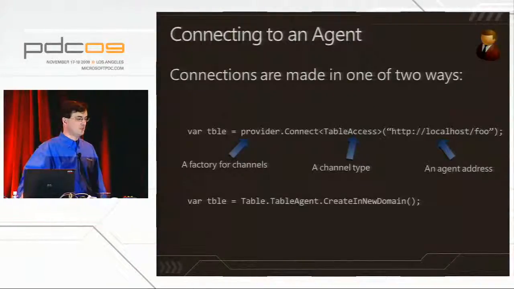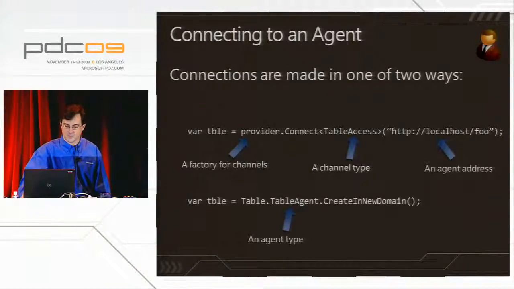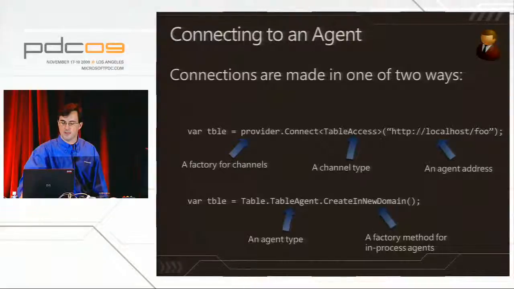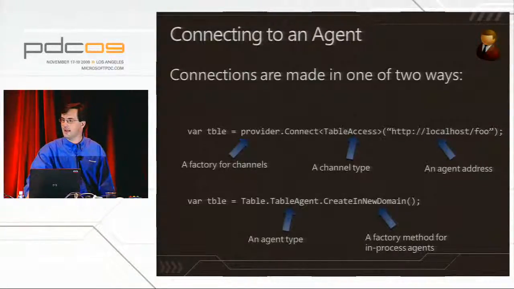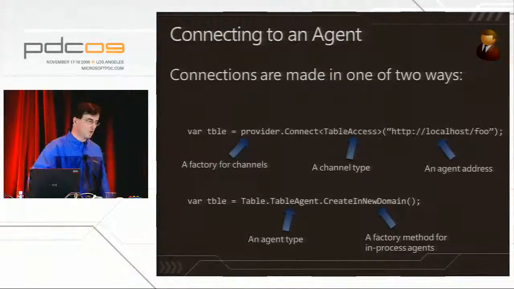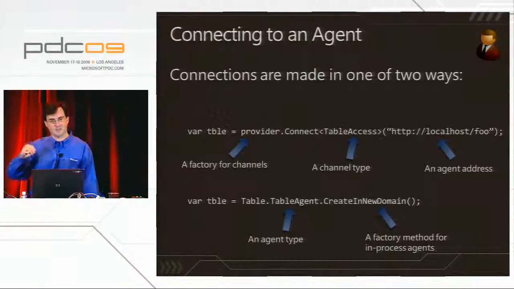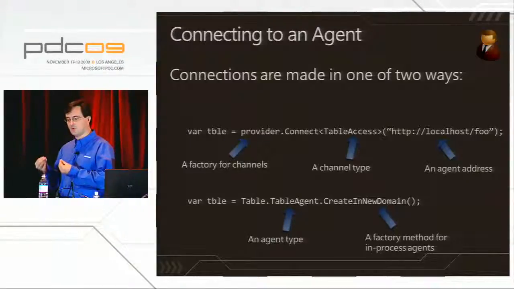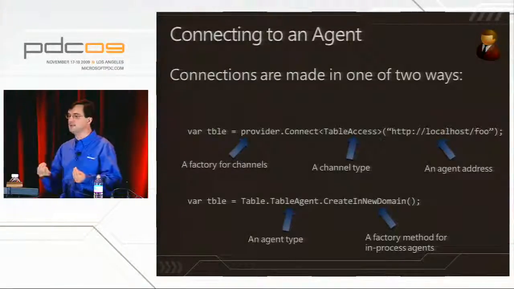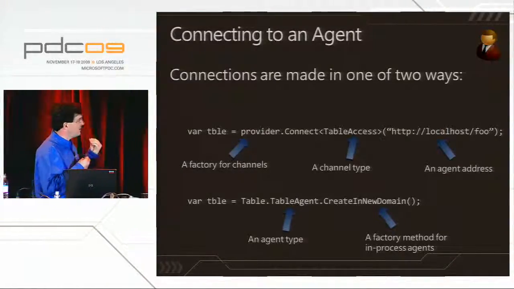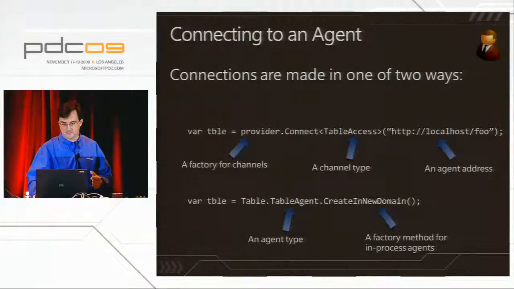It's longer than it should be, but anyway, it is what it is. We have the agent type here, and create a new domain is a factory method for agent instances. So both channel declarations and agent declarations are types. And to actually run any code, we need instances of them. And we create them by making connections.